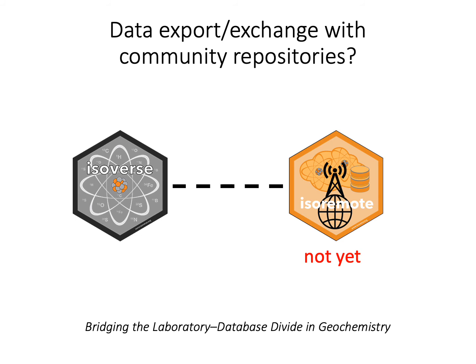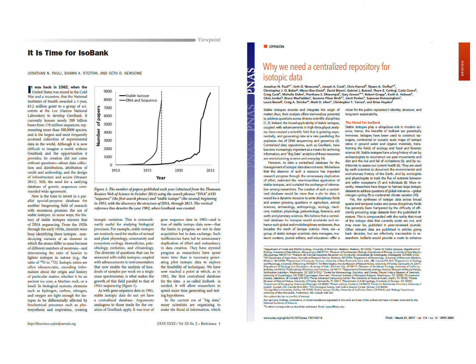Of course, we are thinking about how to tie this into data export and exchange with community repositories. At the moment, this is not implemented in any way, but part of that is that there are not that many repositories for stable isotope data that really cut across the community. But fortunately, that is changing. A couple of years ago, John Pauli and Seth Newsom and colleagues made the argument that it is really time for a broader repository for isotopic data.